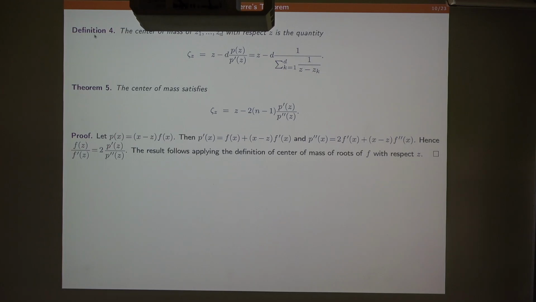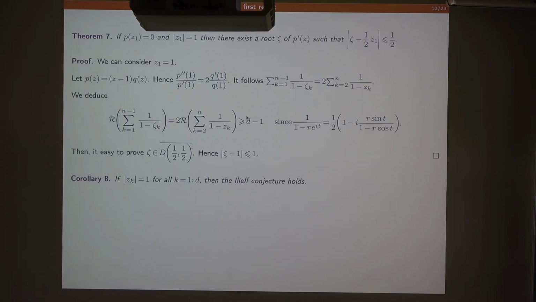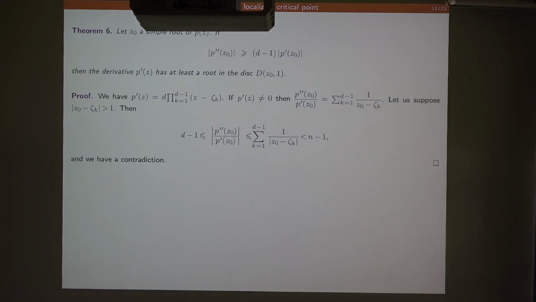Okay, it is here: if this inequality holds, the conjecture holds.